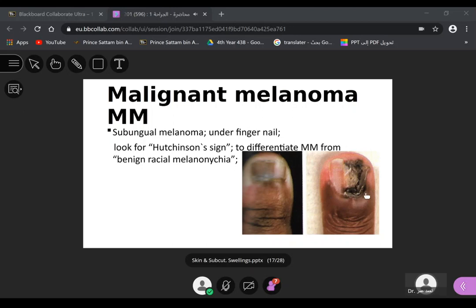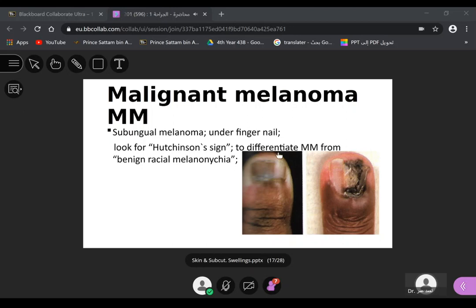It looks swollen, and the destruction is spreading from the nail into the nail fold. So this sign, which is invasion and swelling of the nail fold, is known as Hutchinson's sign.